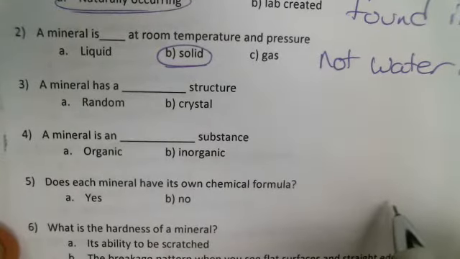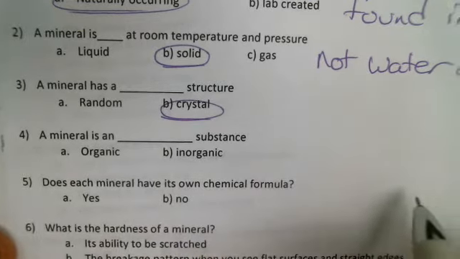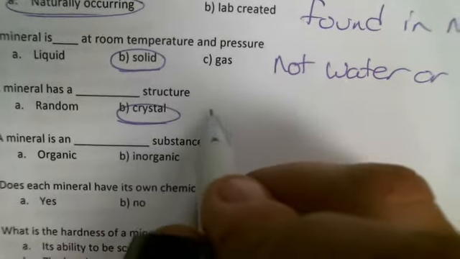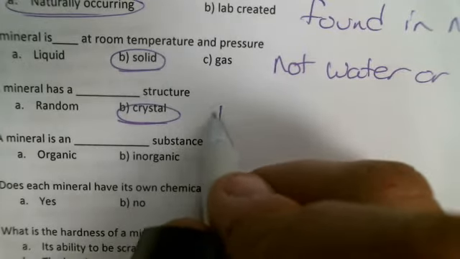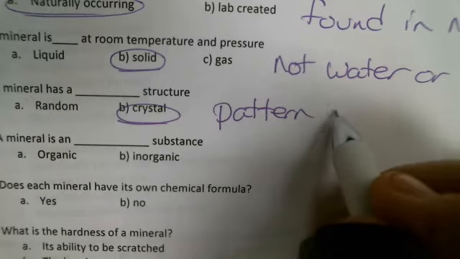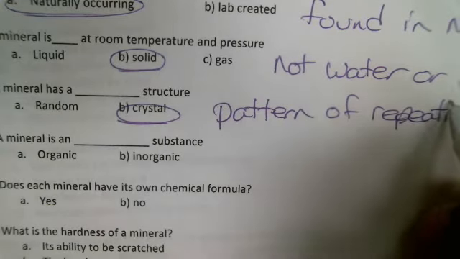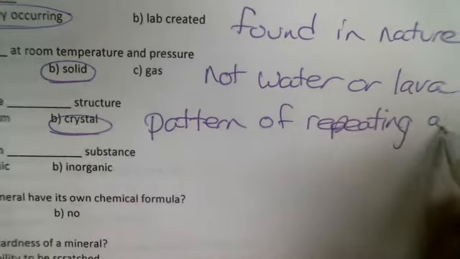Number 3, a mineral has a crystal pattern. And remember, a crystal pattern, that is a pattern of repeating atoms.